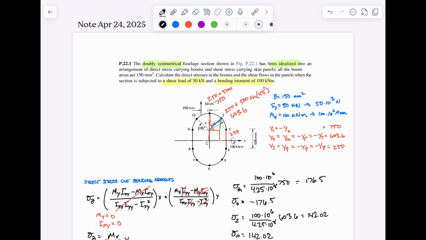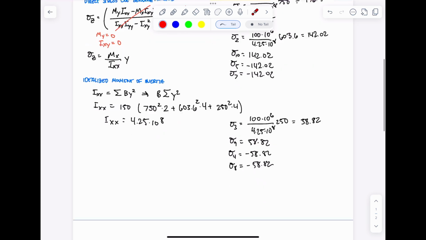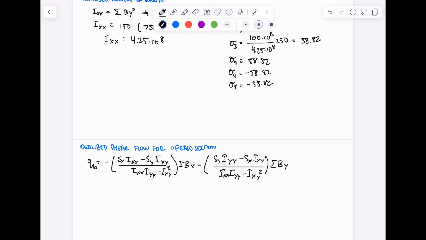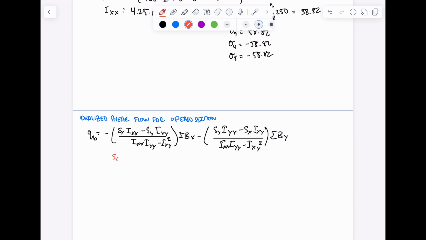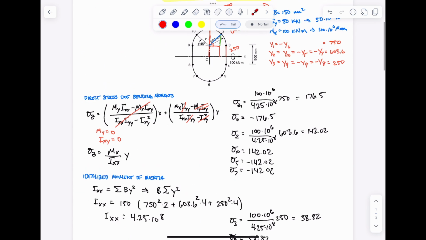Now, let's solve for the shear flow. Again, we know this is an idealized geometry, so this is the formula for an idealized shear flow for an open section. We know they don't give us shear flow in the x direction, so we can say this is 0. And again, IXY is 0 due to symmetry. We can simplify all of this to be SY over IXX times the sum of the boom area times the y distance. Again, this is only for an open section.